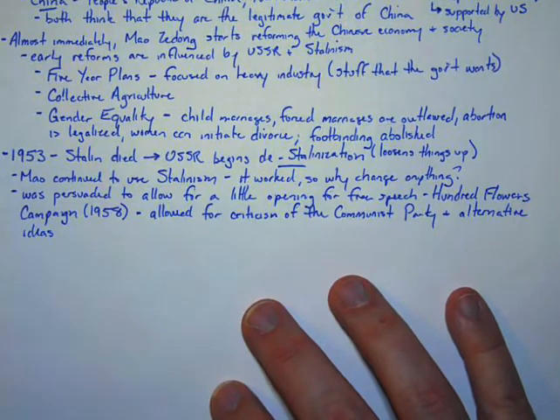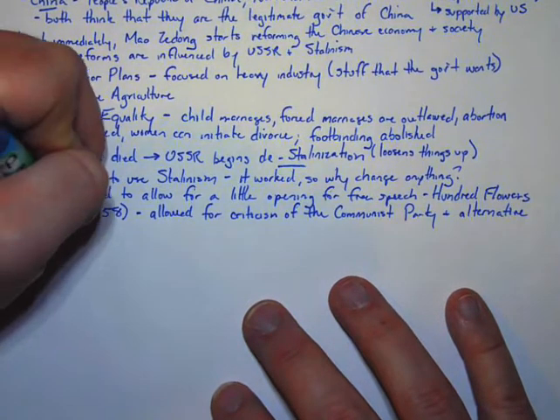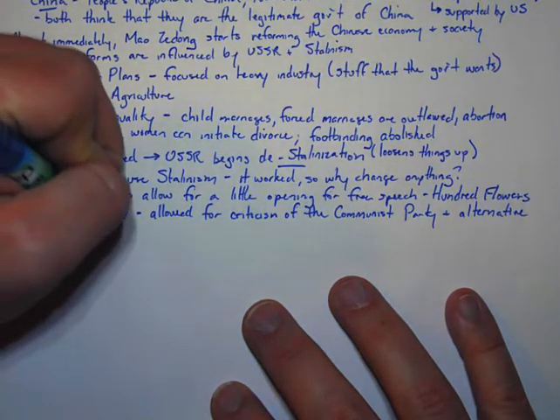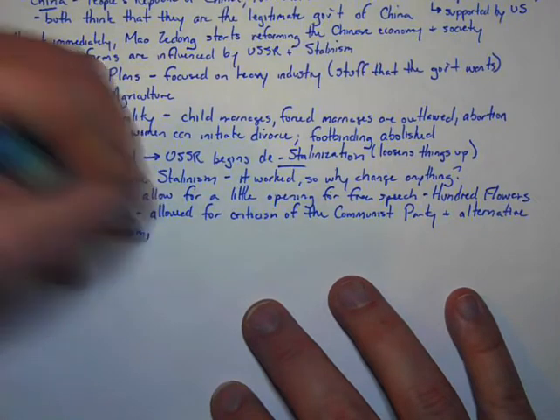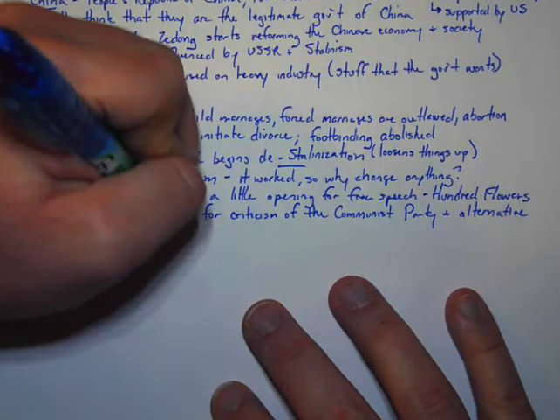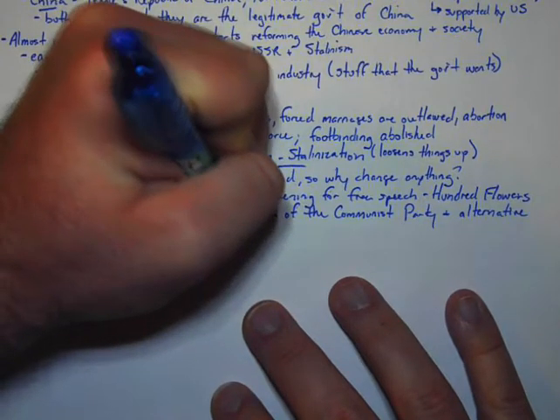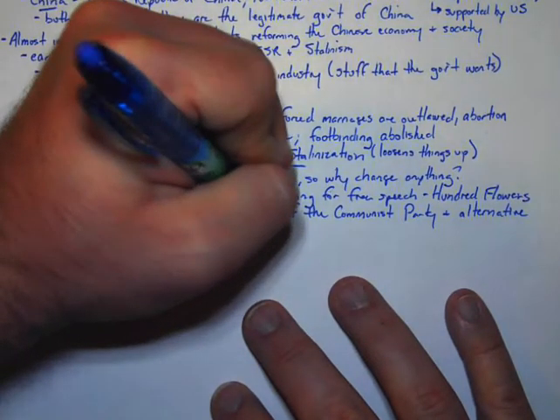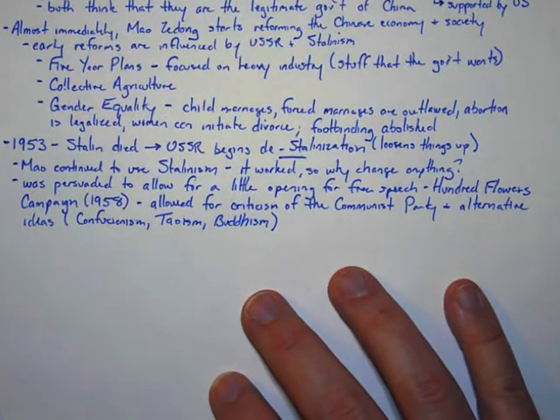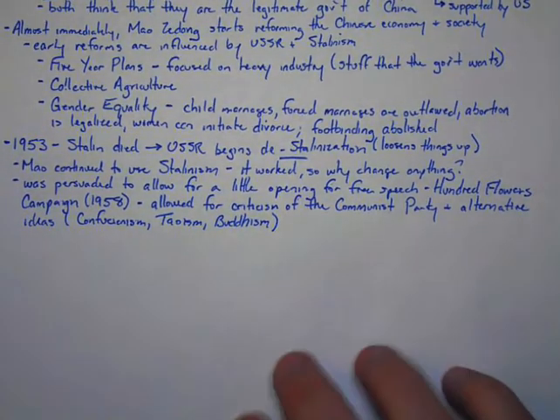And these are ideas that are probably going to be coming from Confucianism, Taoism, or Buddhism. The things that China has always looked to for guidance and alternative ideas.